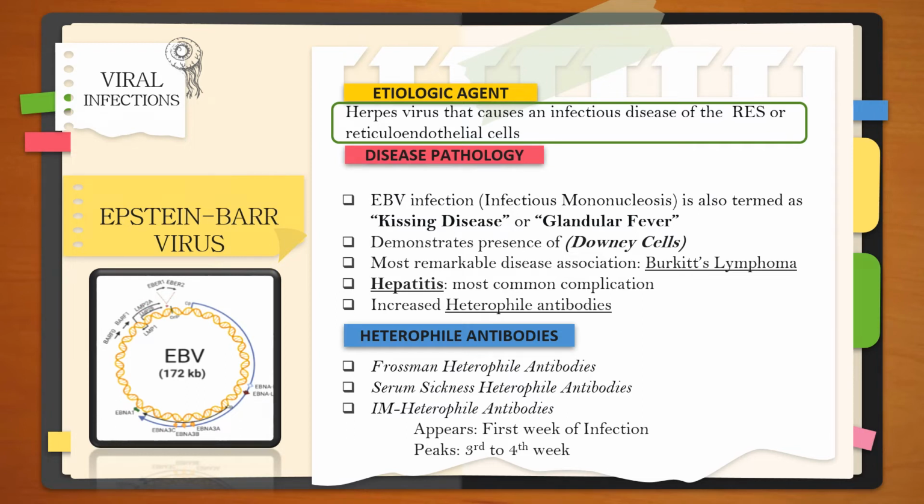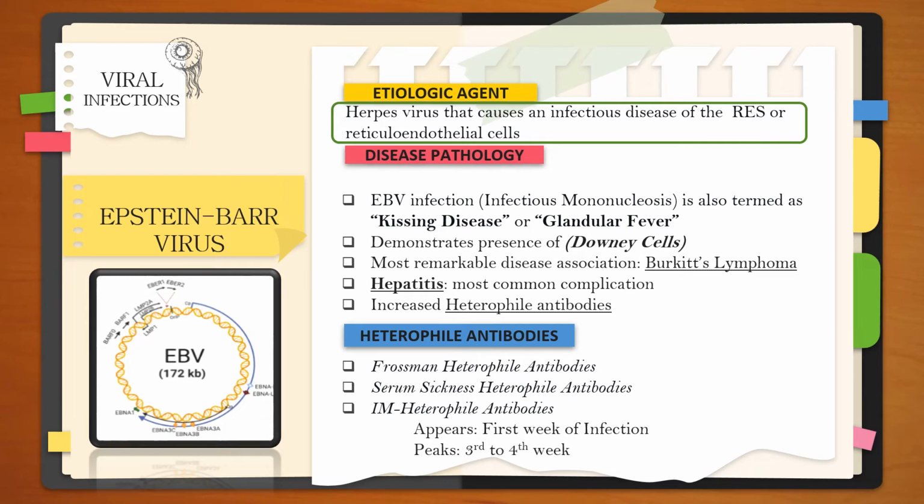Okay, class, take note. The most remarkable disease association of EBV is Burkitt's lymphoma, while hepatitis is the most common disease complication. So other than your hepatitis viruses, EBV can also cause hepatitis infection.